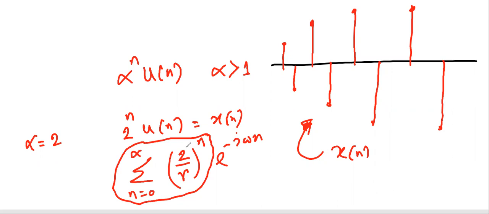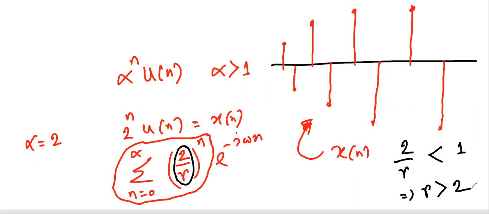If it is less than 1, then it is summable. So 2 divided by r should be less than 1. From there we find r should be greater than 2. And for any value of r more than 2, this function gives a stable situation.